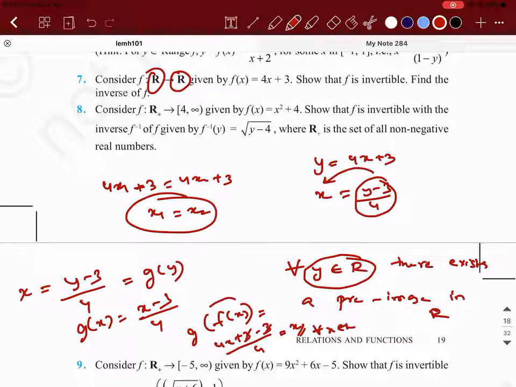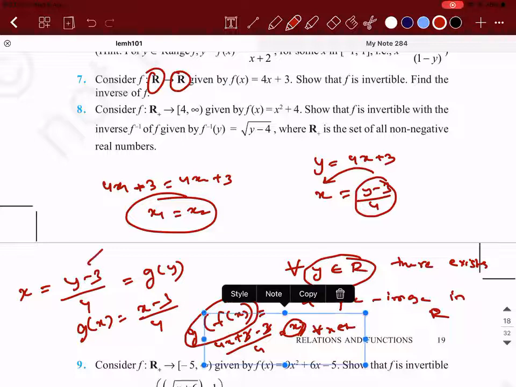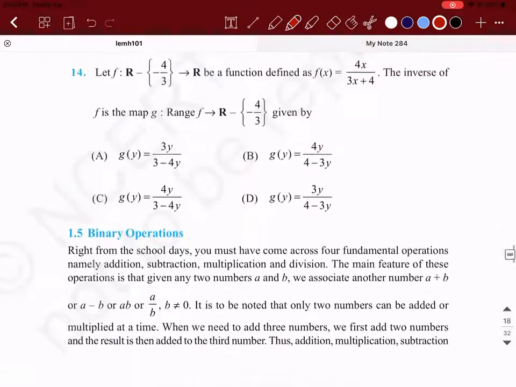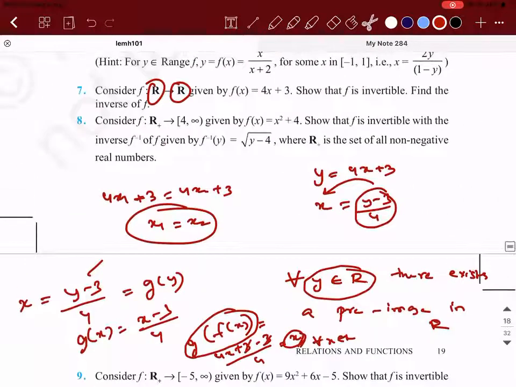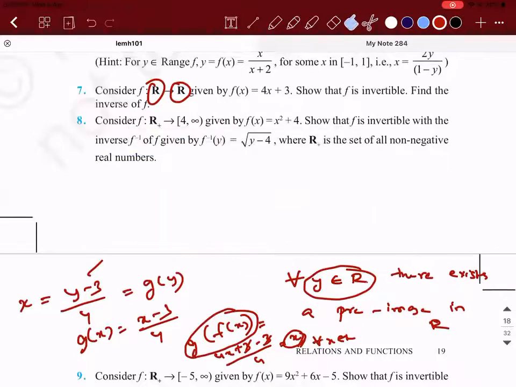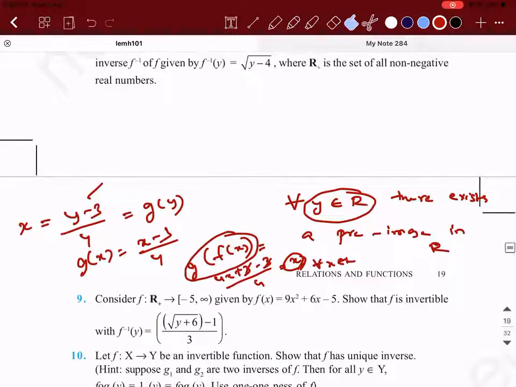Since you are getting g of f of x to be x, what can you conclude? g is the inverse of f, or f is the inverse of g. So what will be the answer? (x minus 3) divided by 4. That is the inverse.